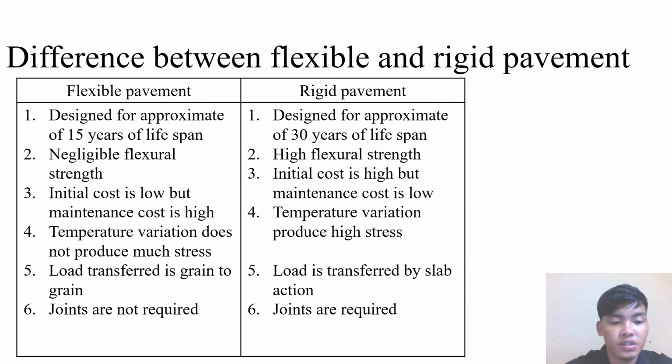Load transfer is grain to grain in flexible pavement, whereas in rigid pavement, load transfer is by slab action. Joints are not required for flexible pavement, and for rigid pavement, joints are required.